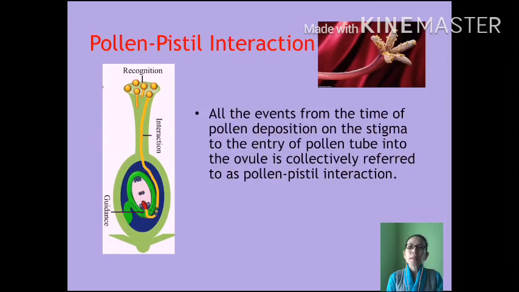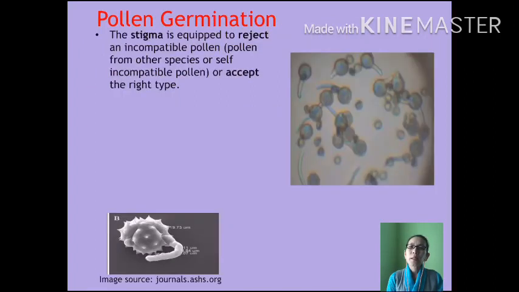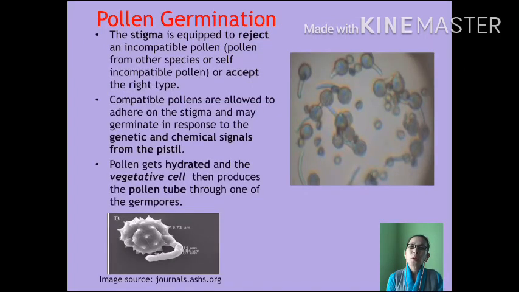The stigma is equipped with mechanisms to accept or reject the pollens which are deposited on its surface. Studies have reported many complex genetic and chemical communications, or signaling, between the pistil and the pollen grains.